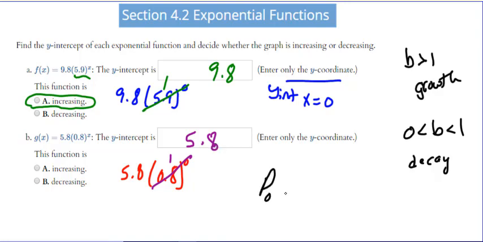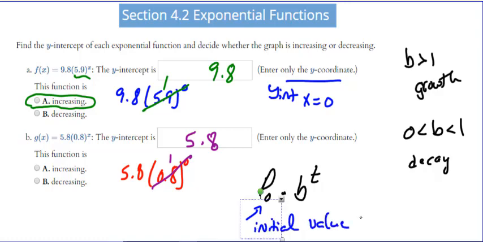In the form P0 times b raised to t, we said this was the initial value. That initial value is when x equals 0, so that initial value is the y-intercept. Okay, we proved it.